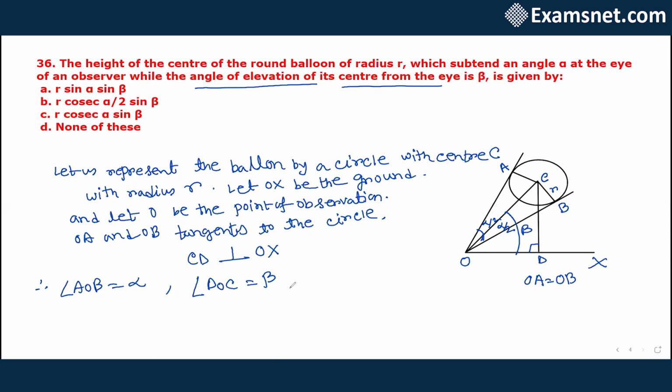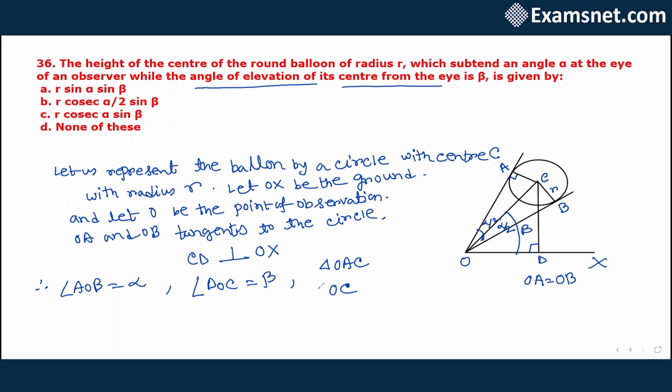Now let's consider triangle OAC. Since this angle is 90 degrees, because we already know the radius is perpendicular to the tangent, OAC is a right angle triangle.